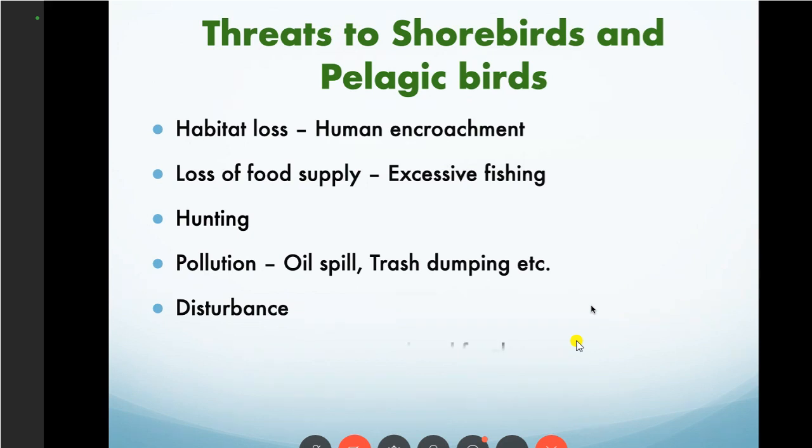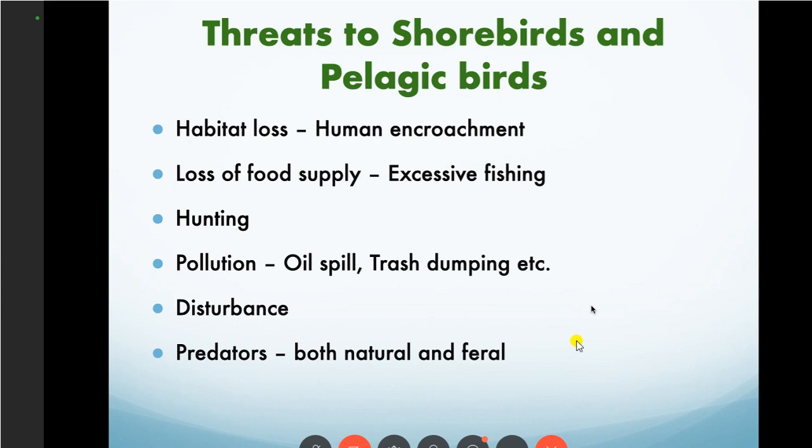Then obviously there is predation, predators that they have, which are both natural. There are some fish like the giant trevally. They feed on these seabirds when they are sitting on the ocean over there, and they're suddenly attacked and eaten. A lot of fish do that.